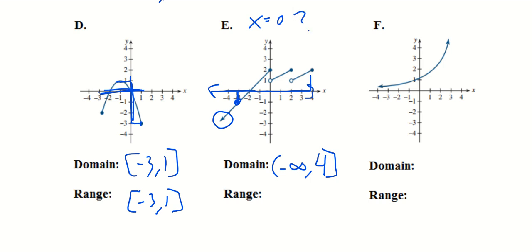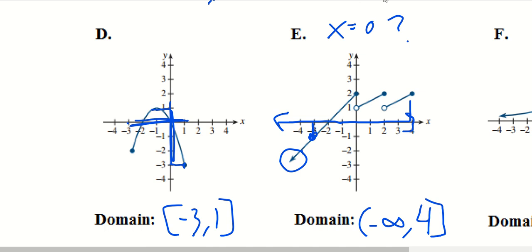And the answer is yes, because if we just kind of zoom in maybe just for a minute, if I look at x equals 0, what's happening here, even though the graph has kind of like this weird jump or break in it with a closed circle and an open circle, this point is not included on the graph, but certainly this point, the one that's above it, is. That's filled in, and that point, if I trace it down to the x-axis, does have an x value of 0, which means that 0 will be in the domain set.